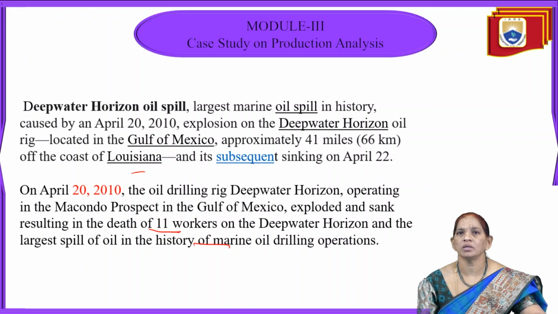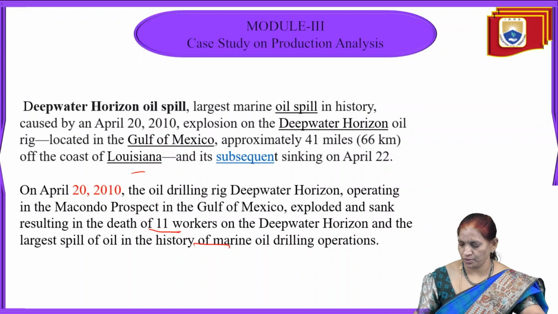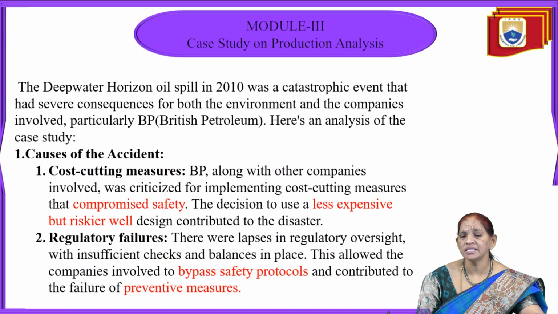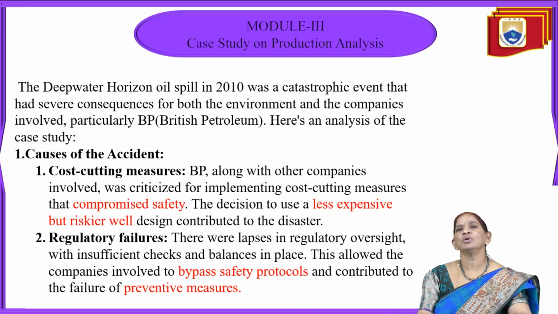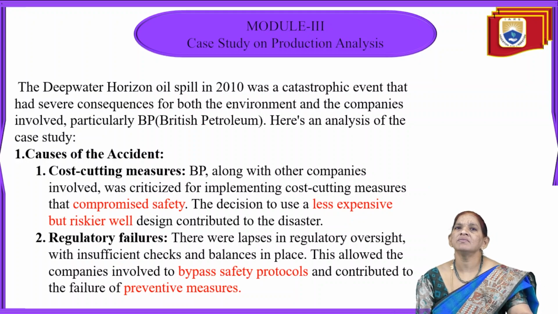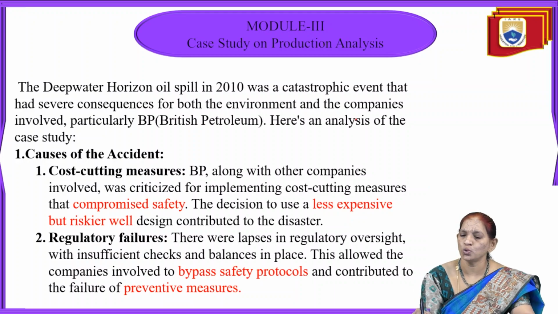This is the largest accident that took place and created a very strong impact upon the British Petroleum Corporation. So regarding this, we can go for a recap of the event. It had consequences for both the environment and the company.